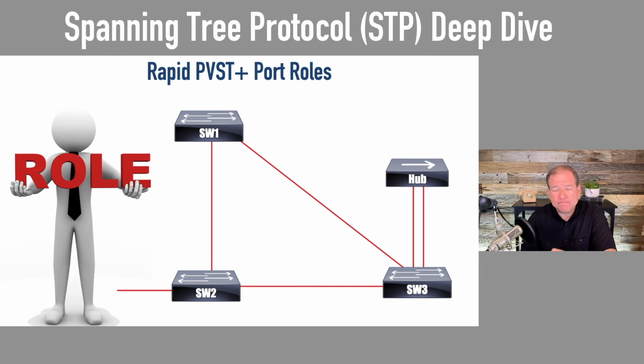That's the industry standard. We're focused on rapid PVST, which means we're using 802.1w, but we're using multiple instances of it, one instance for each VLAN. And I say it's rapid, and that brings up the question, how rapid? We're going from 50 seconds down to what?